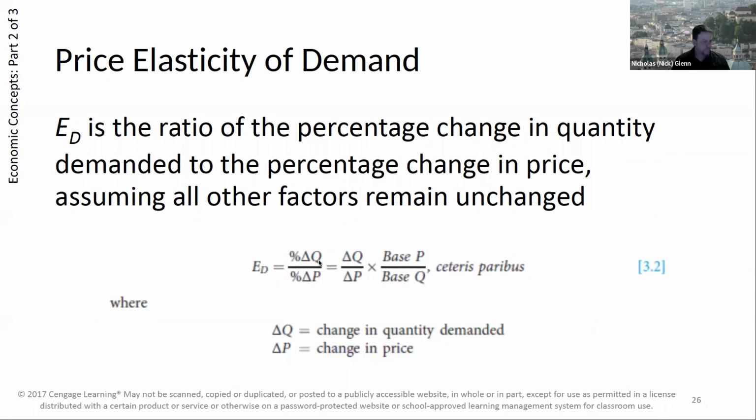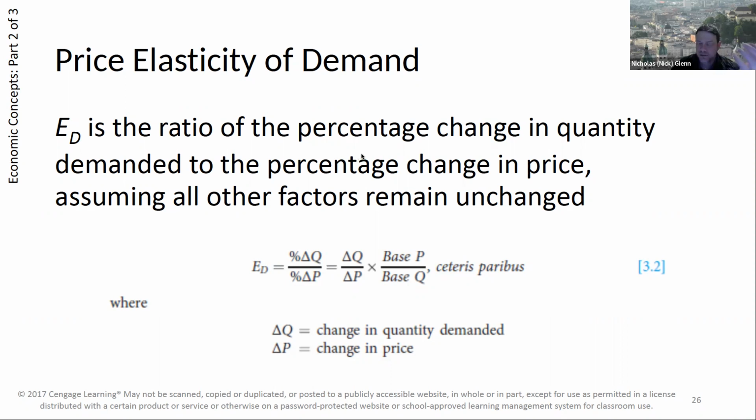All right. So I'll probably put all these out as well. Let's see. All right. So here's the formula for the price elasticity of demand. We'll look at demand here.